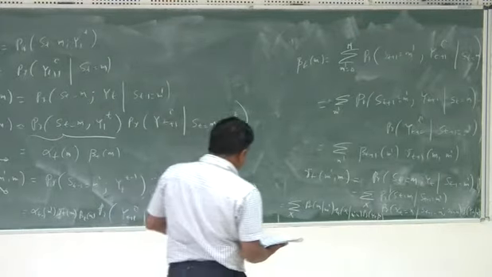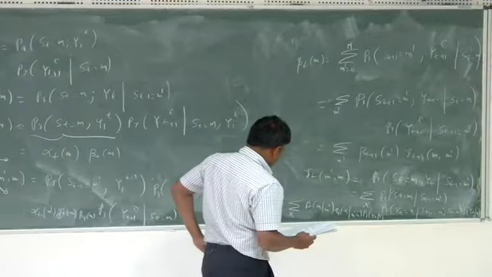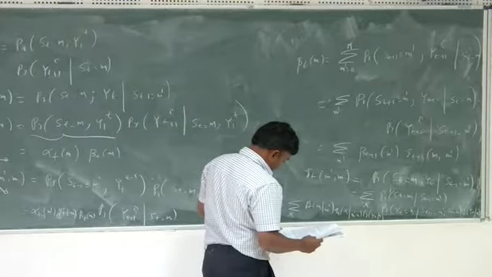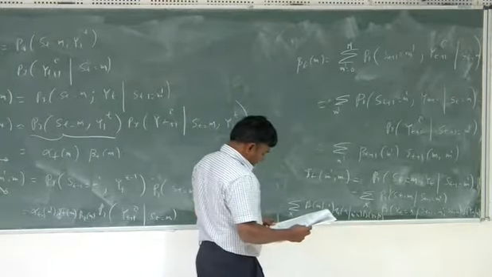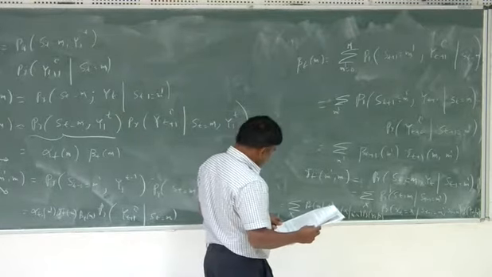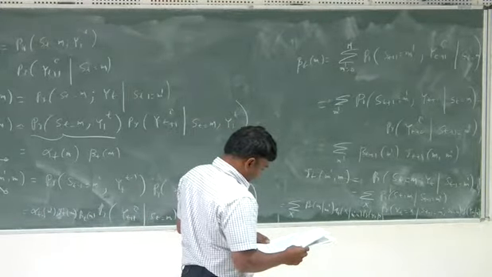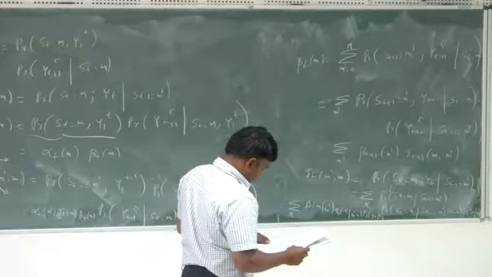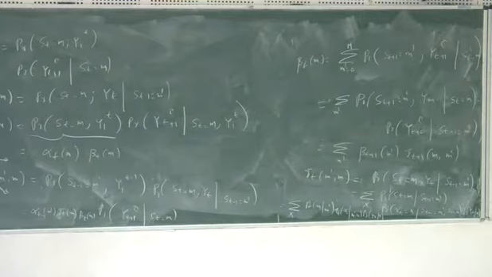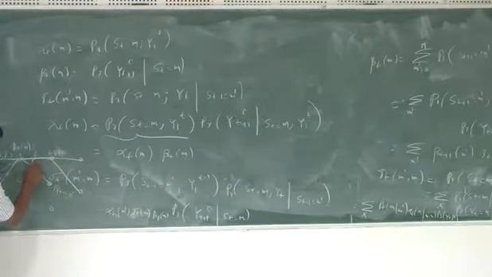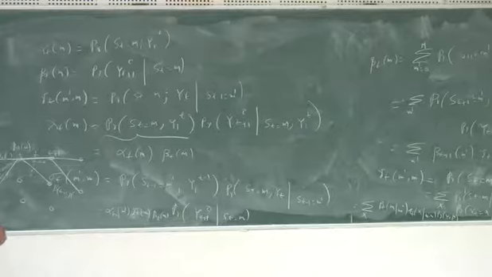Well, one way of looking at it is, x t will have, let's say, 0 0 here. Okay.